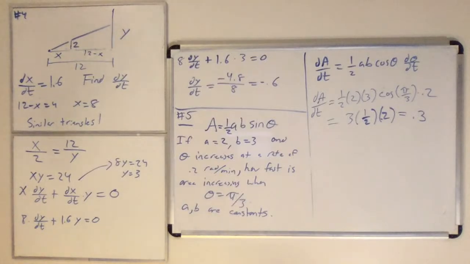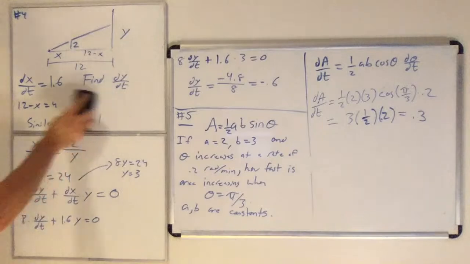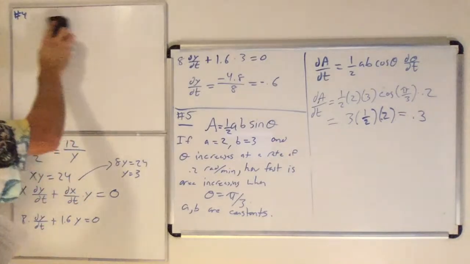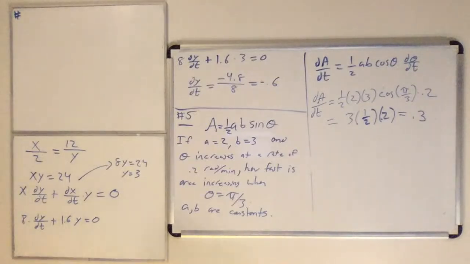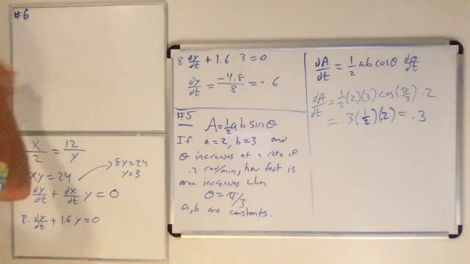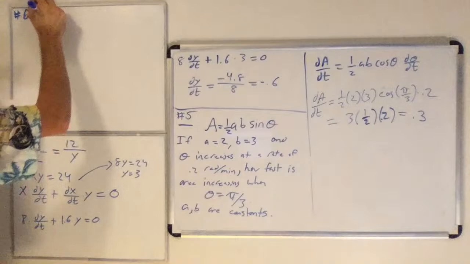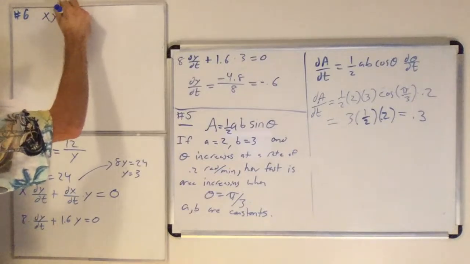Okay, one more related rates question, and then we could move on to linear approximation. A particle is moving along the hyperbola xy equals 8.